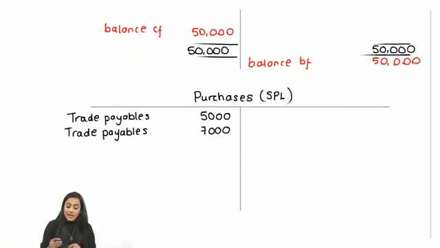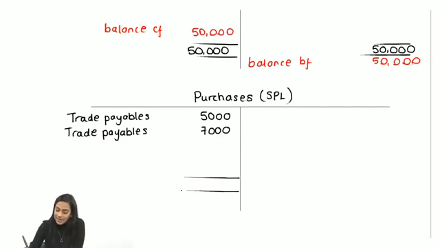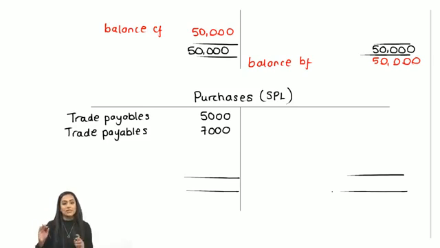Purchases is an SPL account. An SPL account does not have an opening and a closing balance. What we do instead is we clear the accounts, and this account is going to start from 0 from the 9th of April. So what you do, you have 12,000, 12,000, okay?